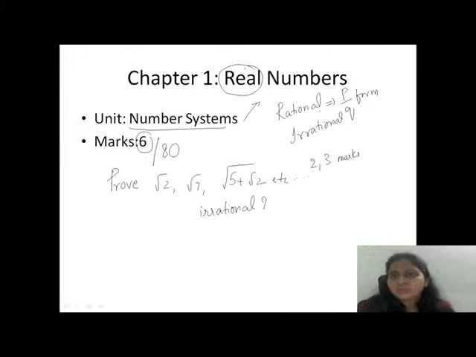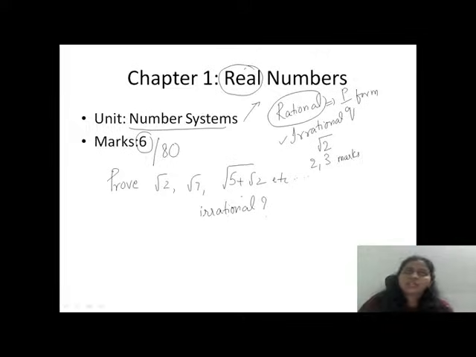Rational numbers means which will be in the p by q form. Irrational numbers, I just want to tell a small trick: if root is there, it is an irrational number. Whenever you see any roots, root 7, root 5, root 1, any number which has a root, we call them irrational numbers. So most of the 1 mark questions might come from rational numbers.